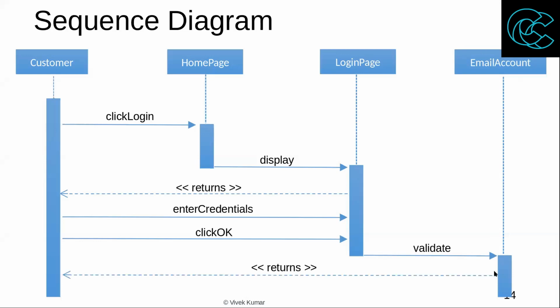Once the validation happens, it will return to the customer with some message saying either the credentials are okay or they are not okay, so they need to be re-entered and so on. Right? So this is how you display or depict the interactions among all these classes. And once you look at it, it becomes easy to know what all the interactions are, right? So that's the advantage of these sequence diagrams.